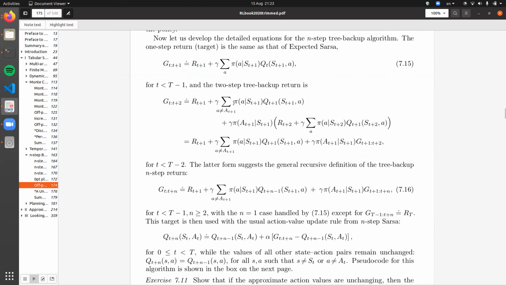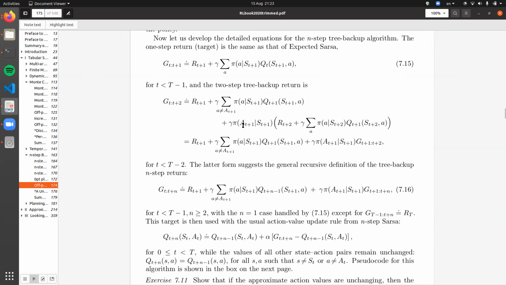Why? Because we will have the actual outcome for the action we took. It doesn't make much sense to include the current estimate of the state-action value for s_{t+1}, a_{t+1}, because we will have the actual outcome for s_{t+1}, a_{t+1}. That's the action we are actually doing.